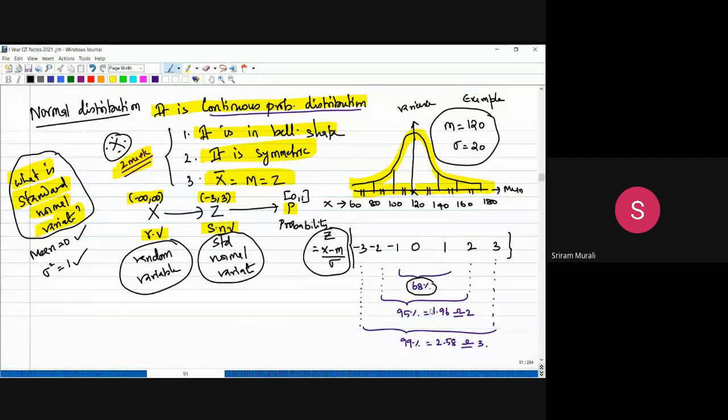If they have omitted it, I am not responsible. I hope this chapter was not omitted in school. So if I vary from minus 2 to 2, then 95% is confident, 5% is error. If I vary from minus 3 to 3, it says 99.73% is confident, 0.27% is error.